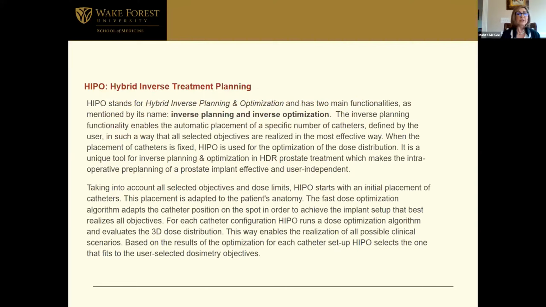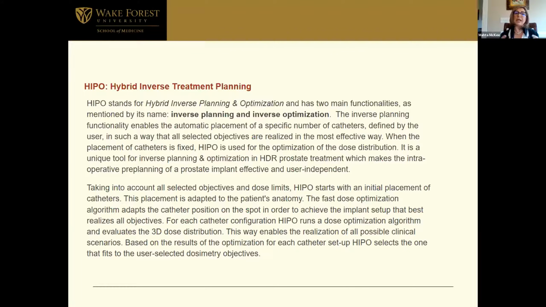Now, HIPO, which is the most common optimization that is used for Elekta prostate in particular, stands for hybrid inverse planning and optimization. So it has two functionalities. It does the inverse planning and it does the inverse optimization.